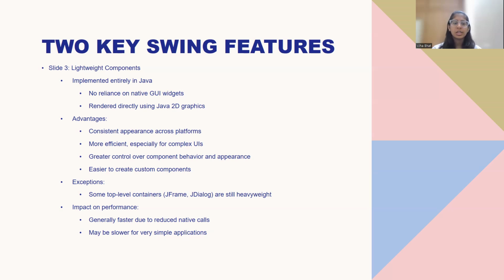It was easier to create custom components. There was only one exception: some top level containers were still heavyweight and needed peers. Impact on performance: generally faster due to reduced native calls, but may be slower for some very simple applications.